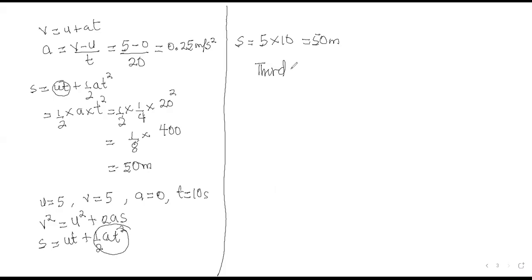During the third part of the motion, we are told that the body decelerated uniformly. So u is equal to 5. It came to rest, v is equal to 0, within a time interval of 10. So using v squared is equal to u squared plus 2as, we have u is 5, v is 0.